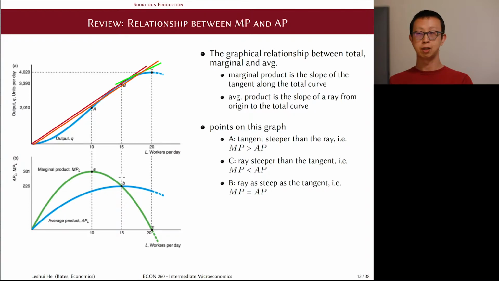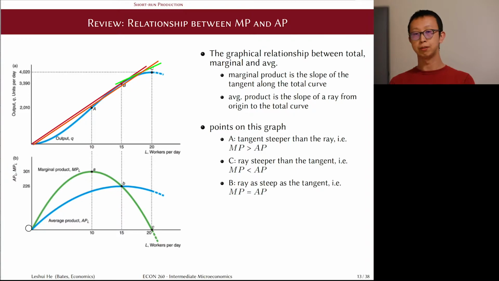Once we pass labor at point B, what happens is the marginal product of labor becomes lower than the average product of labor. To summarize all these observations in the graph on this lower panel, the marginal product of labor increases, reaches its peak at point A, and then starts to decrease.